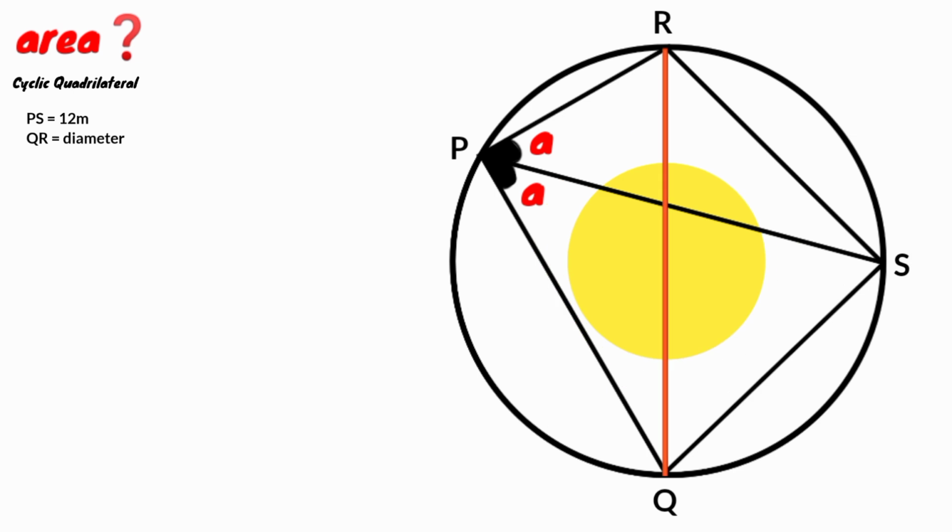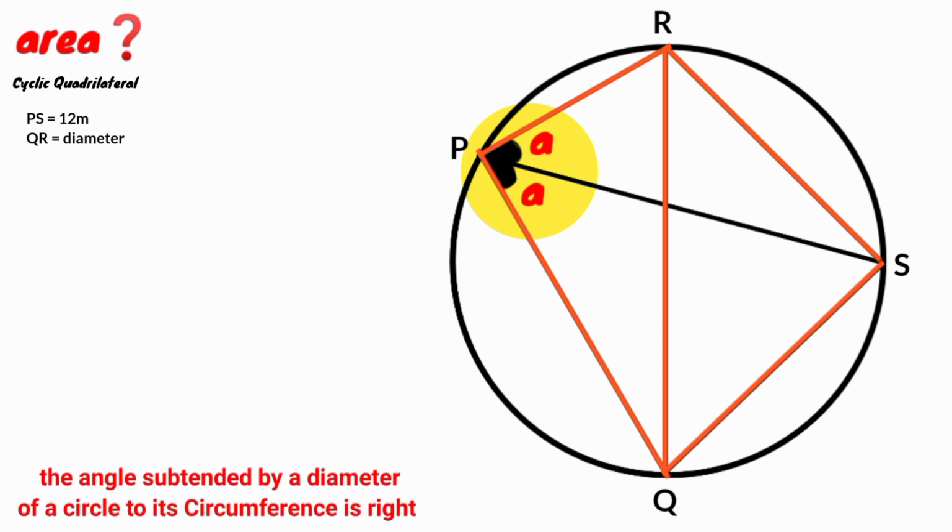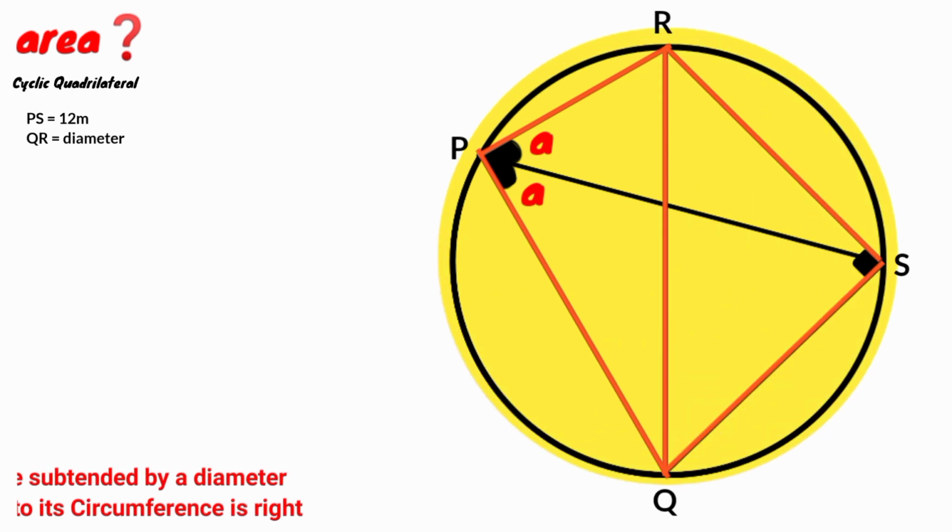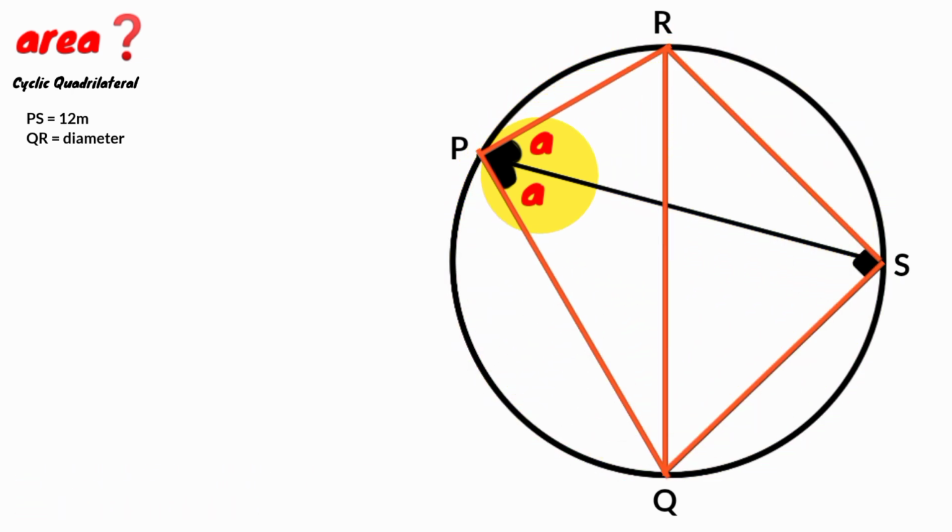Starting from the king, line QR, the diameter of the circle, it subtends this angle QSR and this angle QPR to the circumference of the circle. From circle theory, it is known that the angle a diameter subtends to the circumference of its circle is right. So therefore, the two angles are right. But this here is divided into two halves.